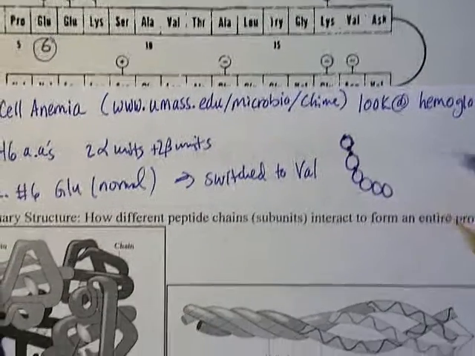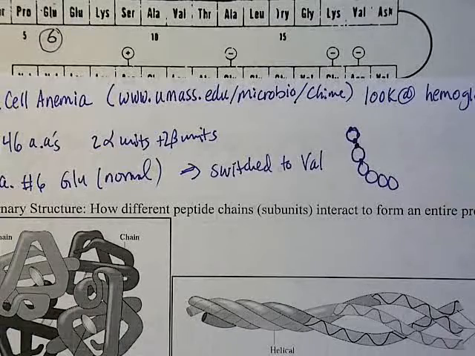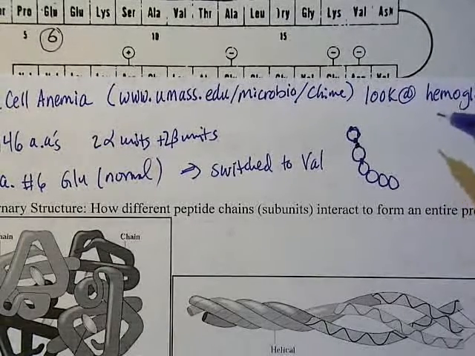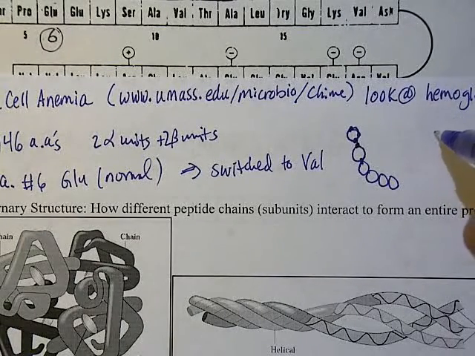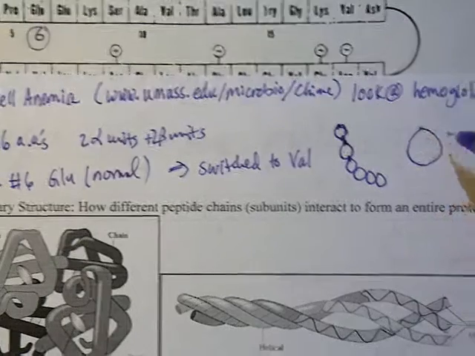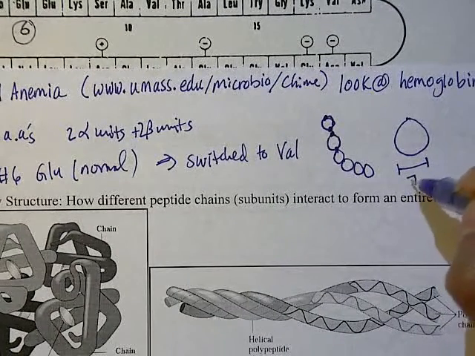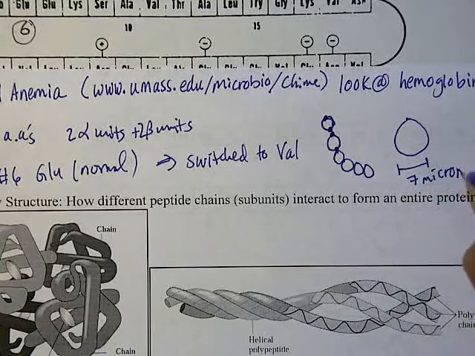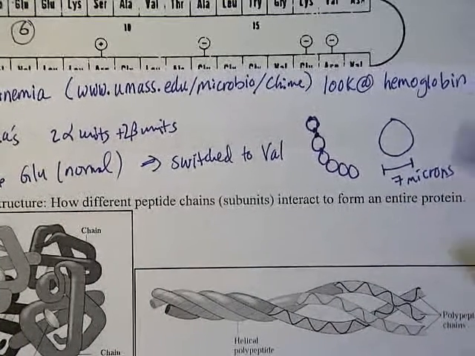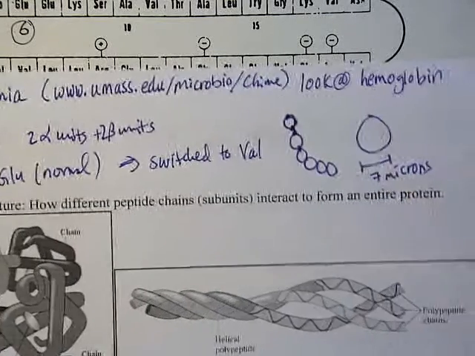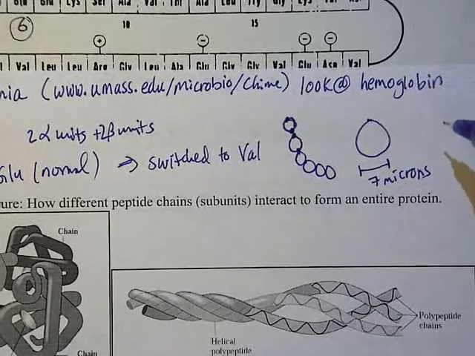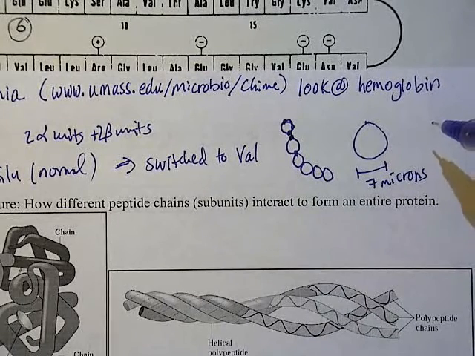All right, so then what happens is it turns out that the regular blood vessel looks like this, and the width of that is 7 microns, and that's not a problem because the red blood cells squish through, since they're more malleable.